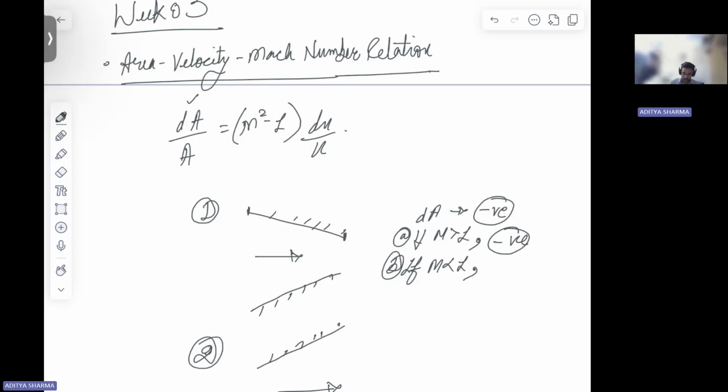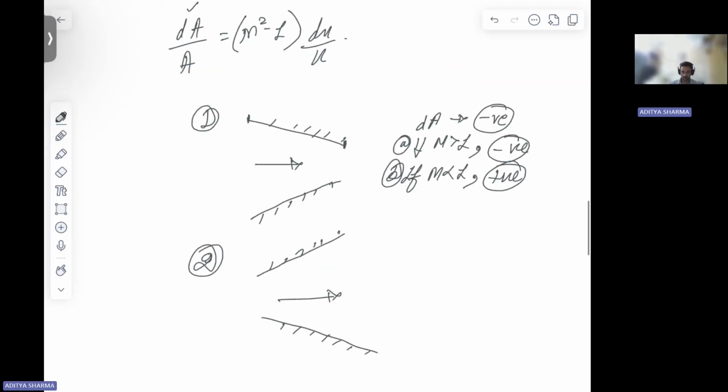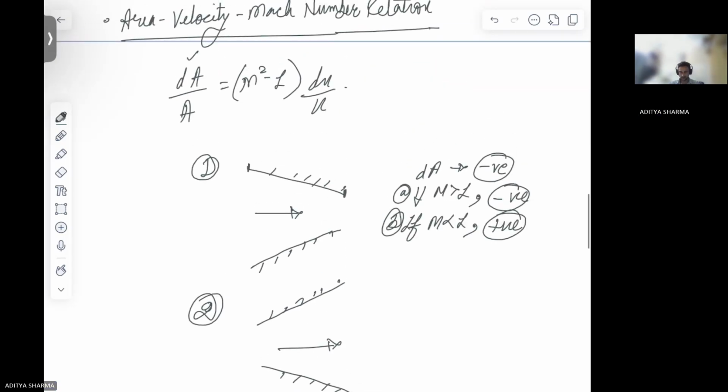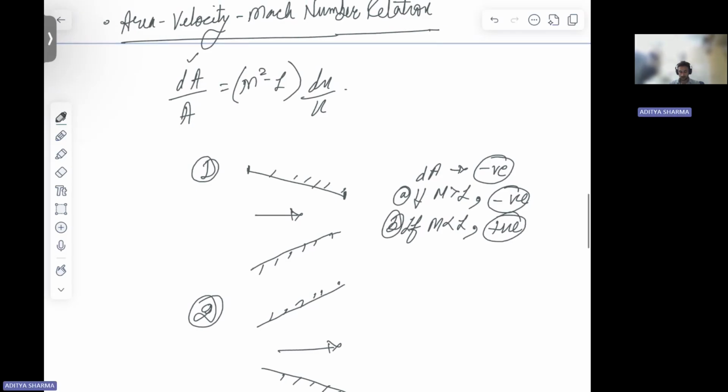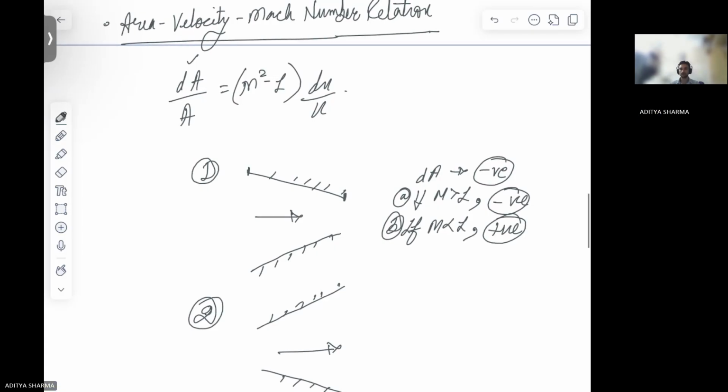Your M square minus 1 is also negative. Your du will have to be positive. Then only both the sides are going to be same. So which means your velocity is going to increase in a convergent duct. Right?